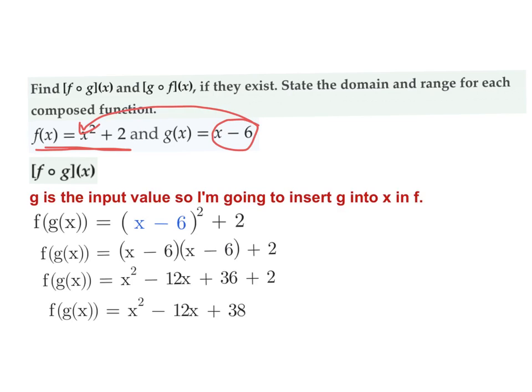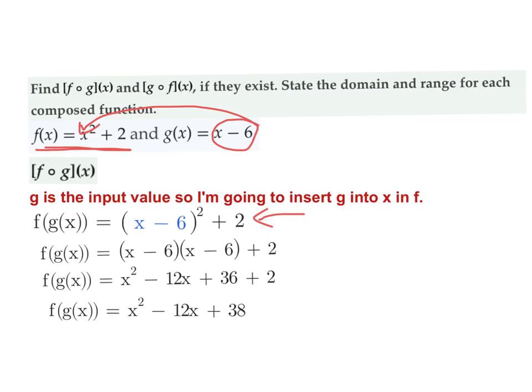Okay? That's how we arrived at this. The only difference between this and what we did at the very beginning is we inserted a number. Now we're inserting an entire other function. And that's what makes it a composite function, okay?